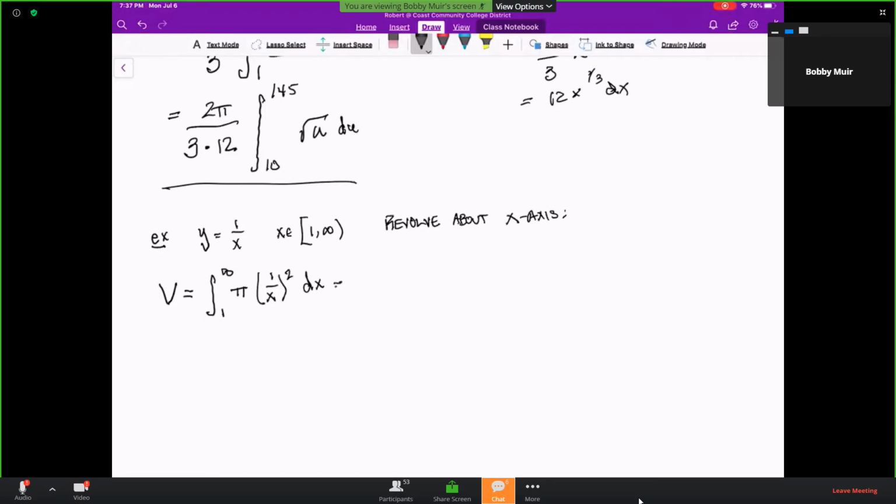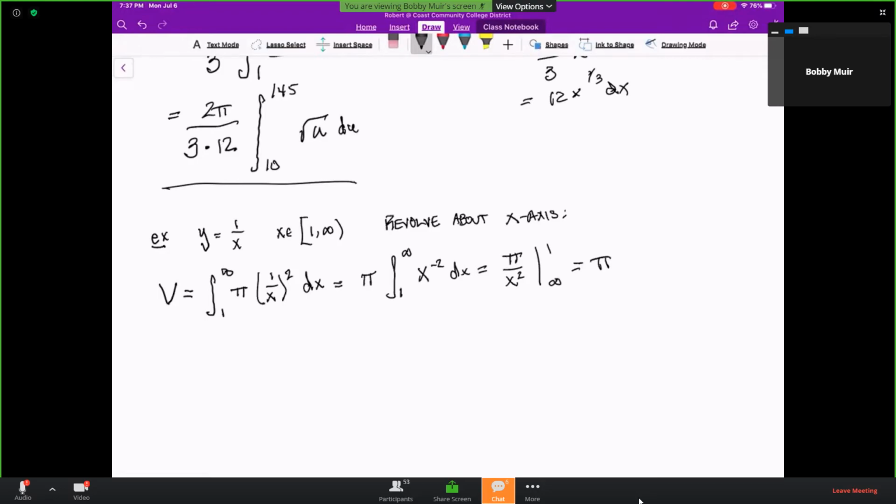So that's going to be pi times the integral from 1 to infinity of x to the -2 dx, which is going to be negative pi over x evaluated at 1 and infinity. And so we get pi minus pi over infinity, which is 0.